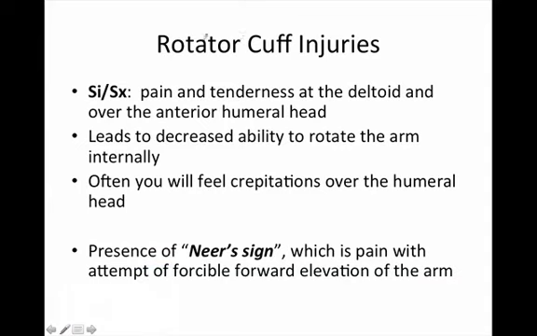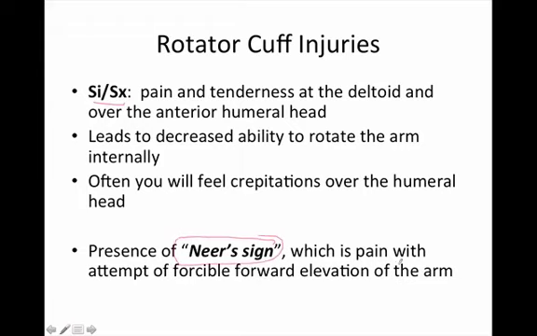So, rotator cuff injuries. What are some of the signs and symptoms? Pain and tenderness at the deltoid and over the anterior humeral head, because a lot of these muscles attach to the anterior humeral head. So that's where you're going to feel a lot of pain. Okay? Patients have decreased ability to rotate the arm internally, and often you can feel crepitations over the humeral head. There's also the presence of something we call the Neer sign.